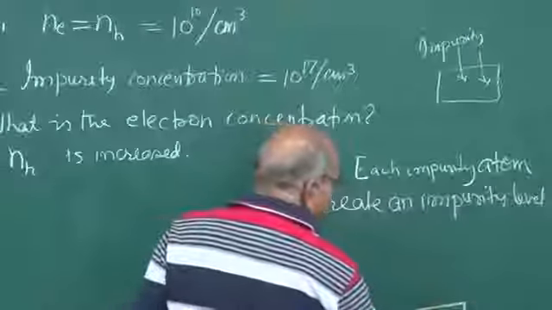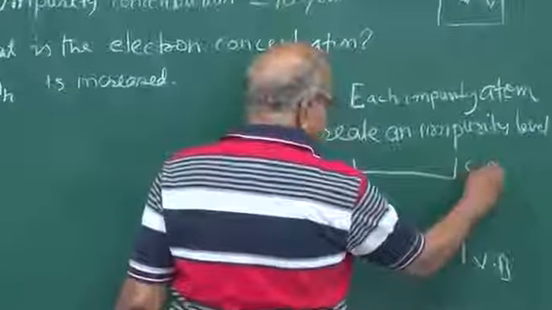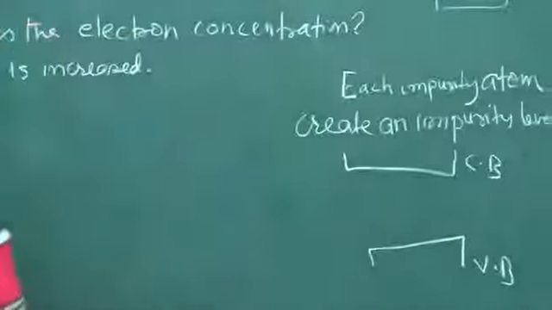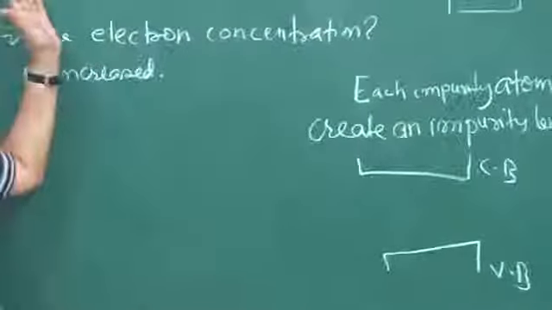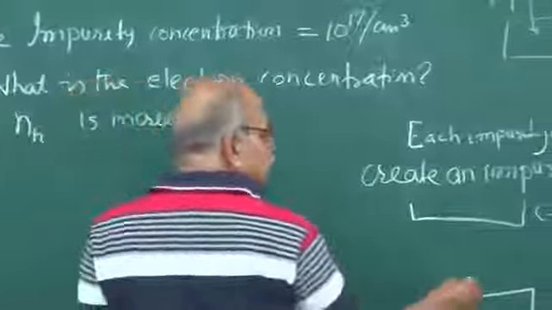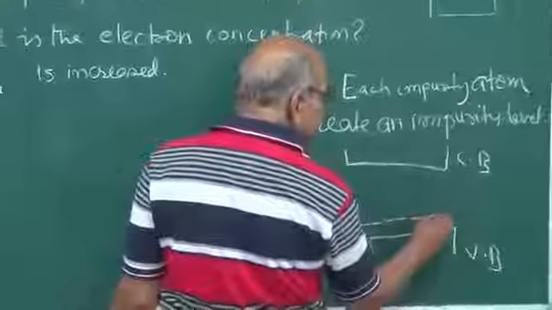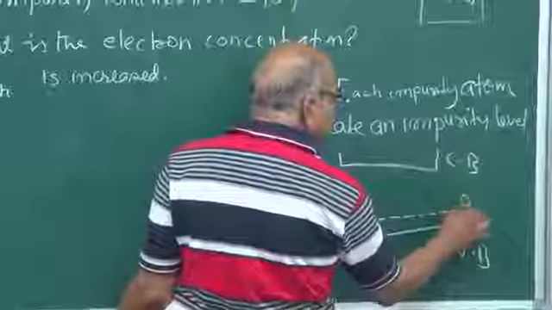If you have a valence band and a conduction band, and you dope this p-type impurity to make it p-type, then new energy levels are created near the valence band. These are the impurity levels.